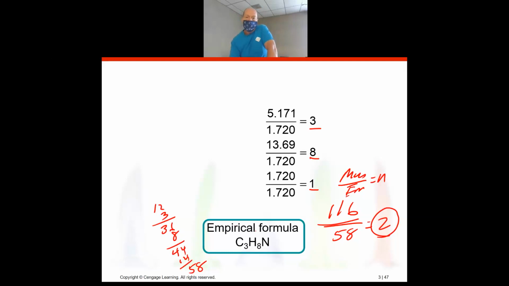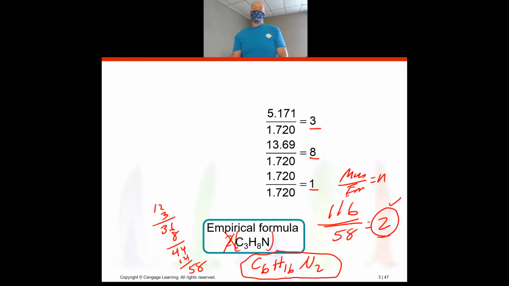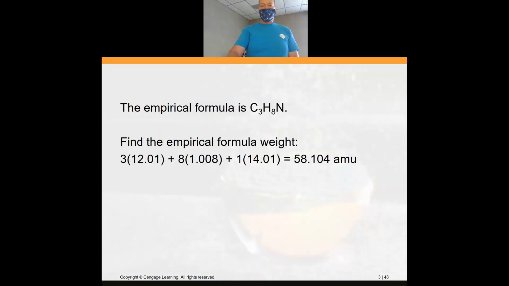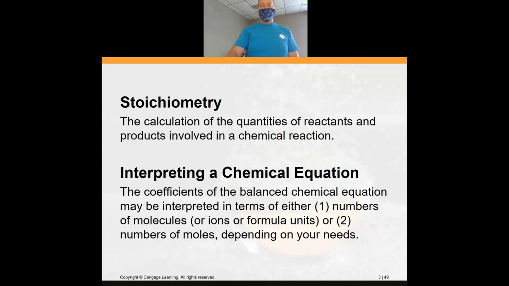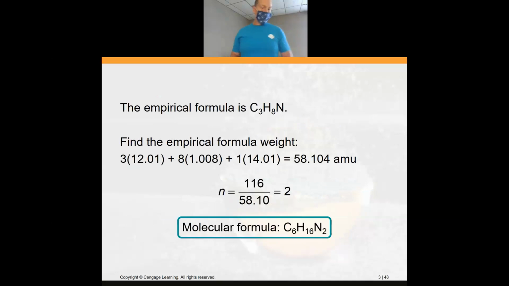And so the only correct answer for the empirical to molecular formula is to multiply all these numbers by 2. Putting a 2 out in front doesn't do it. You have to have C6H16N2, the only correct answer. So when you get the 2, make sure you know what to do with the 2. It is C6H16N2. All right, and we will do stoichiometry tomorrow.